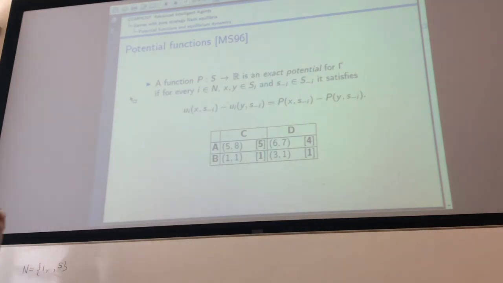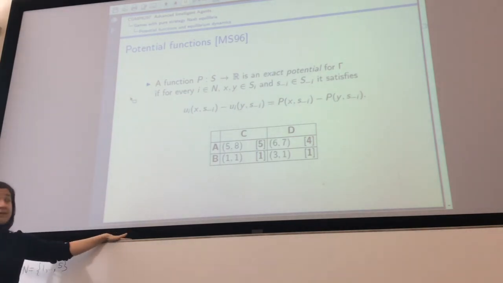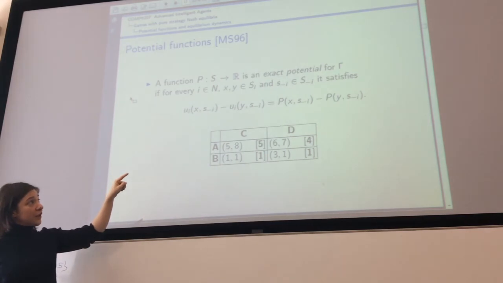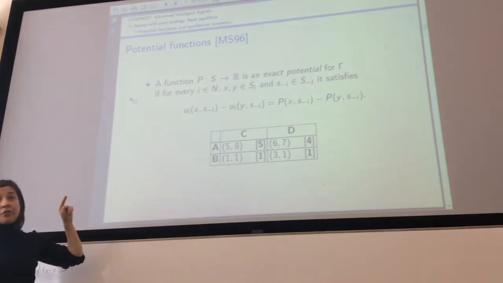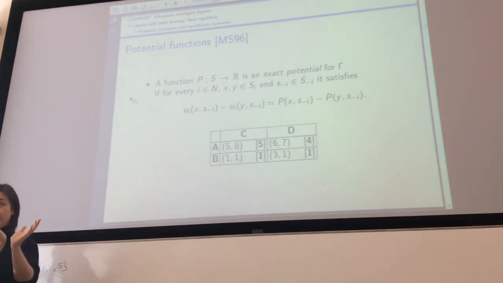Now, this is a very strong condition. Why is that? Because the potential function does not depend on the identities of the players. You define this function for the whole strategy profile.